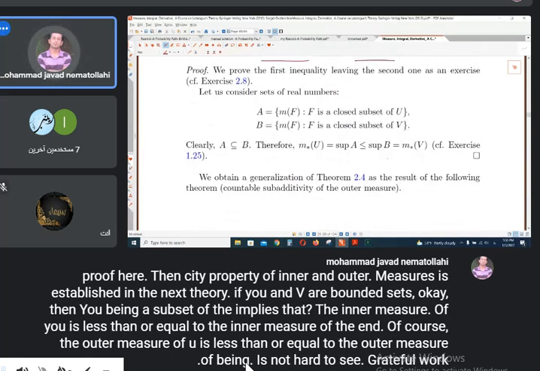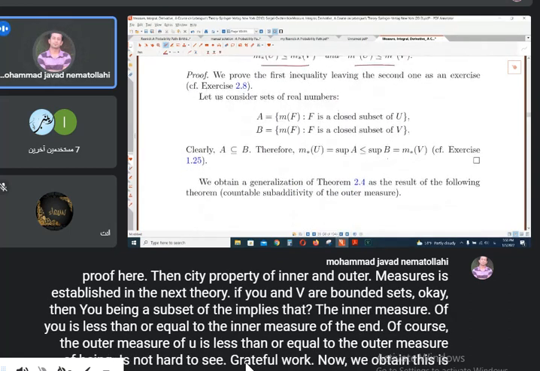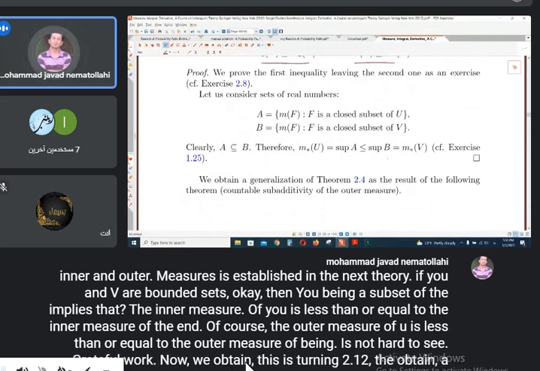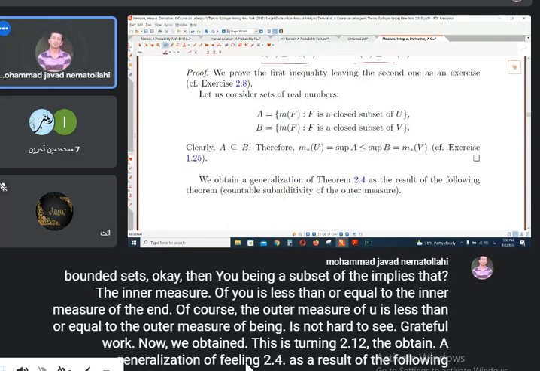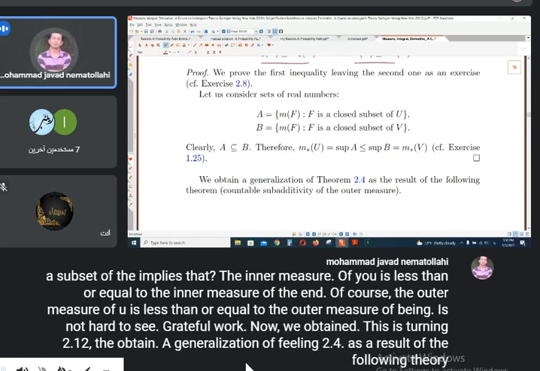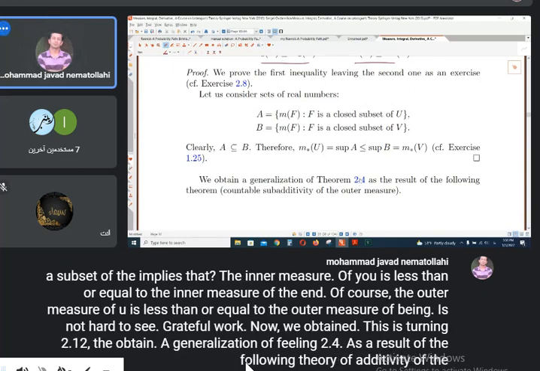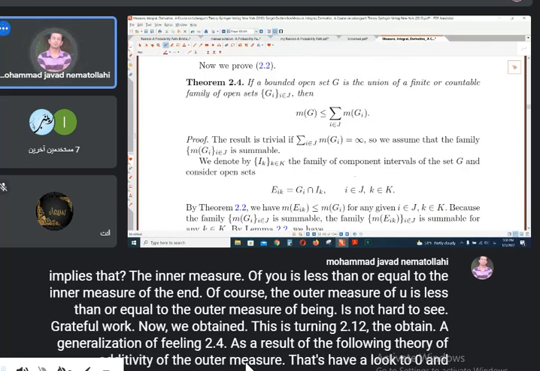Now, this is theorem 2.12, we obtain a generalization of theorem 2.4 as the result of the following theorem: countable subadditivity of the outer measure. Let's have a look at theorem 2.4.